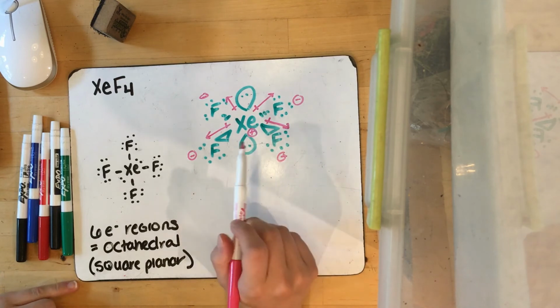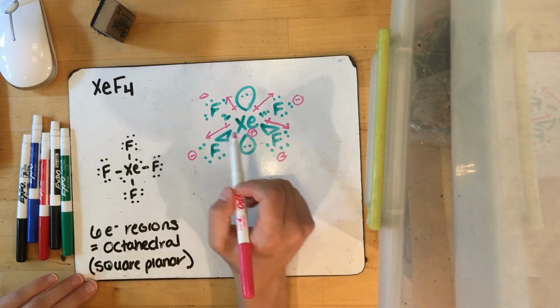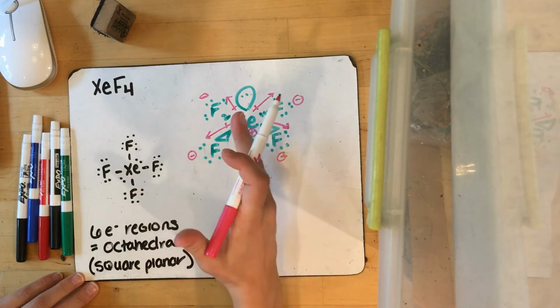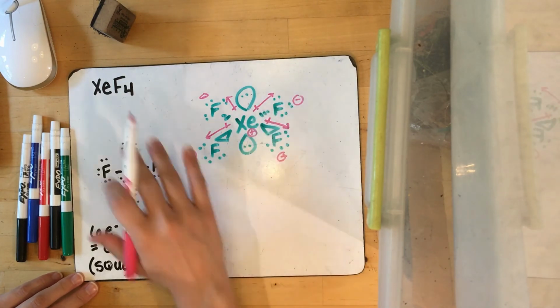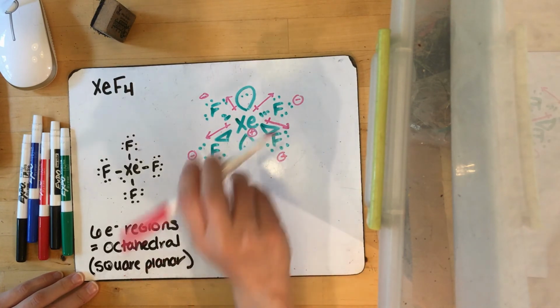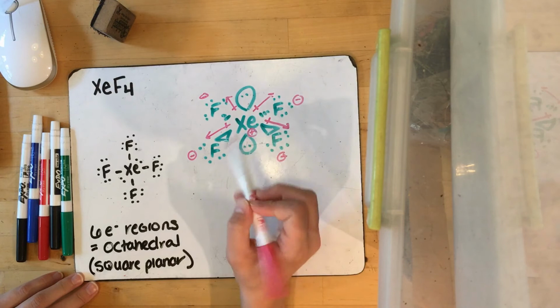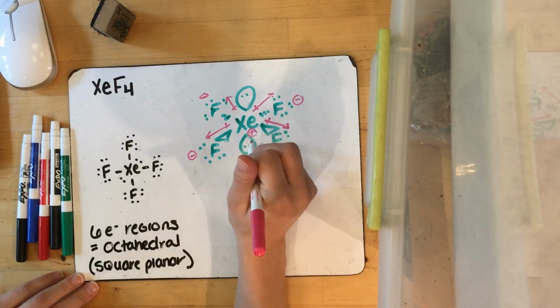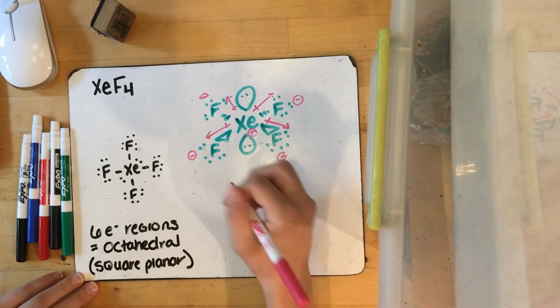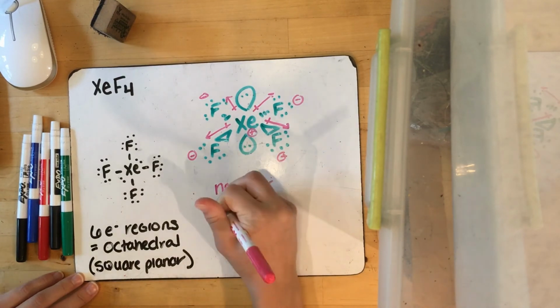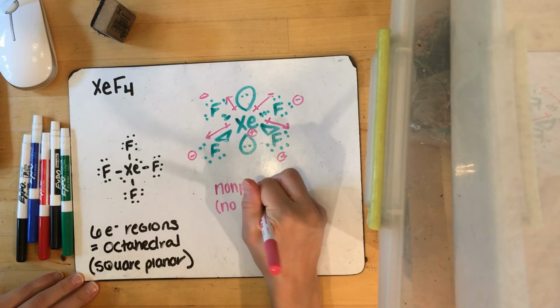Well, now to figure out if the molecule is polar, I need to see if I can divide this in any way that keeps that positive charge and those negative charges separate. And I don't see any possible way to do that. That positive charge is kind of trapped in the middle there. And so this is non-polar, or we can say it has no dipole moment.